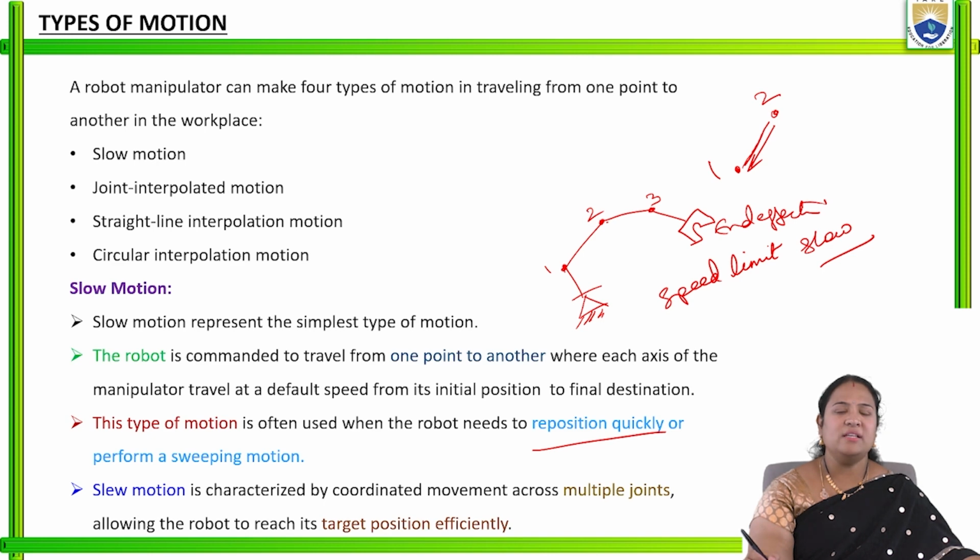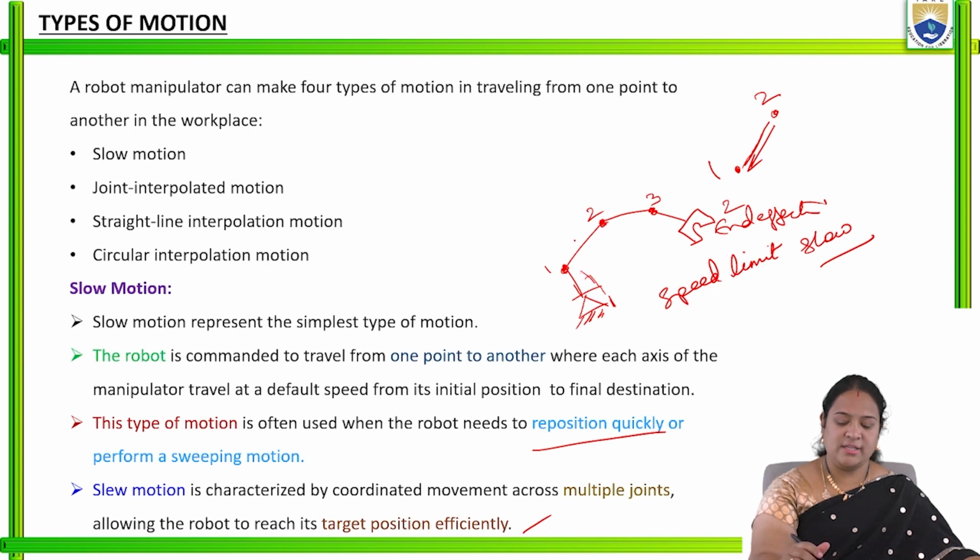So generally, this particular type of robot is characterized by multiple joints, allowing the robot to reach its target position efficiently. As I've told you, it has multiple joints, like this is joint 1, this is joint 2, this is joint 3. So when the robot has to move from one position to the other position, it will take place at some constant of time at a slower duration, right?